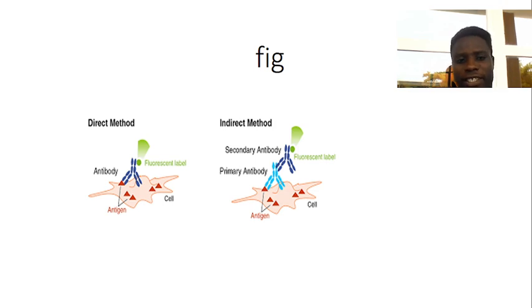On the other side, there is the indirect method, where the first antibodies are not able to form a visible signal. They require secondary antibodies that react with the immunofluorescent dyes.